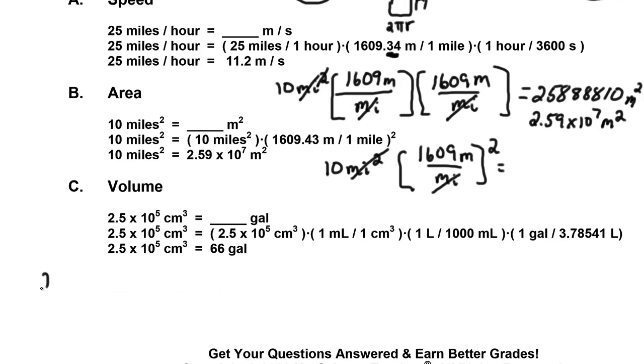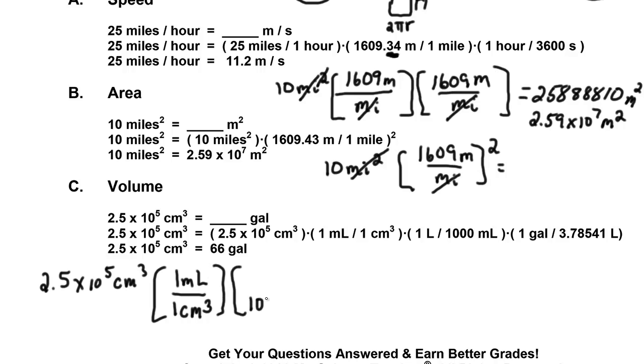Well, we learned that 1 cubic centimeter is equal to 1 milliliter, and there are 1,000 milliliters in 1 liter, and then there are roughly 3.78 liters in 1 gallon.